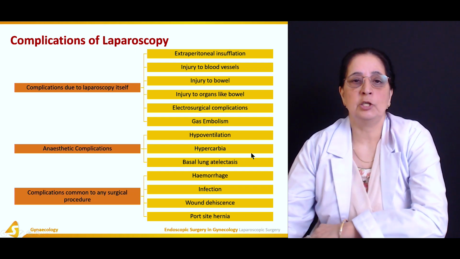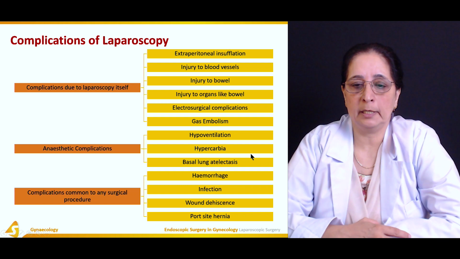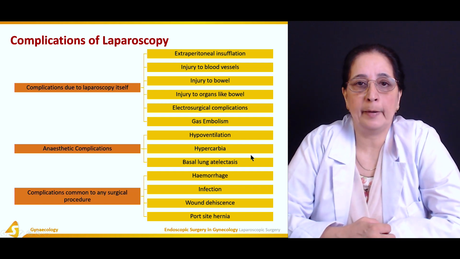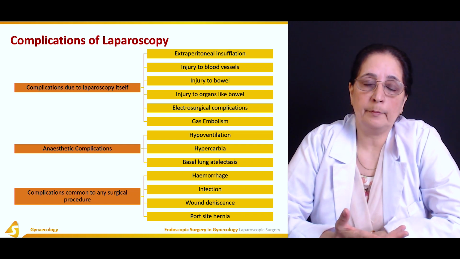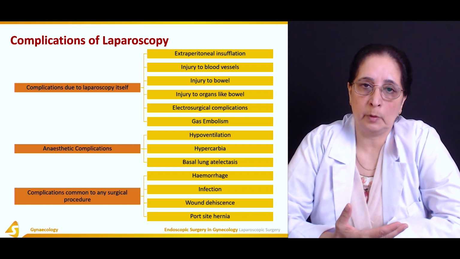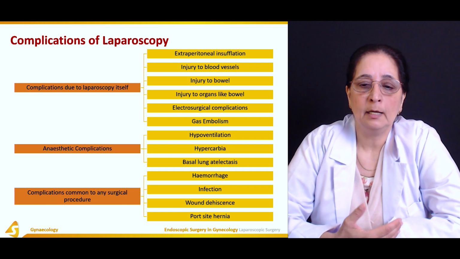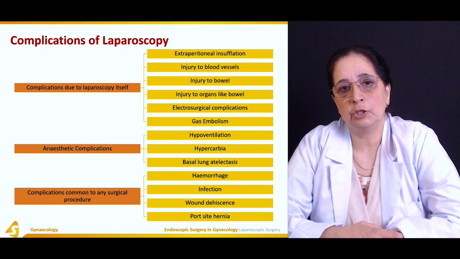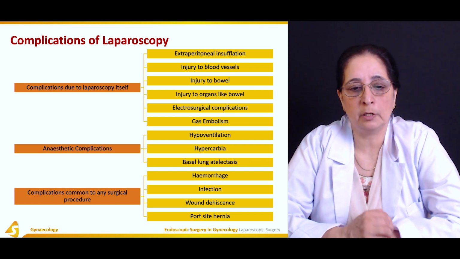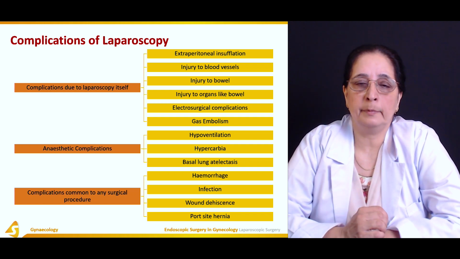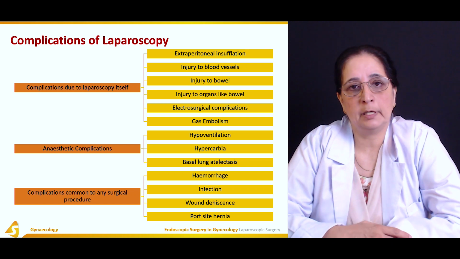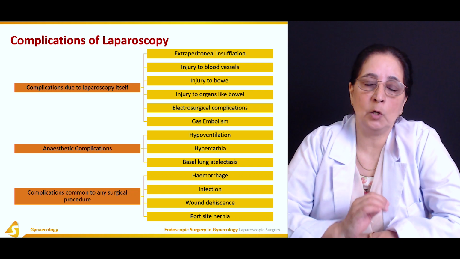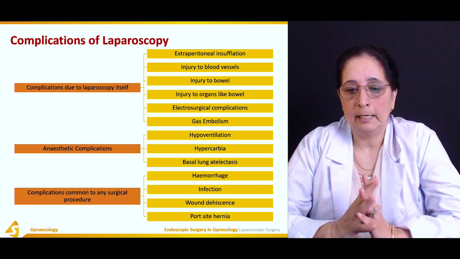Then complications due to the surgical procedure: it can be hemorrhage. Excessive blood loss can occur depending on the procedure. Some procedures can lead to more hemorrhage than others. Then infection can always be a complication of any surgical procedure. When we enter the body, infection can occur. Then wound dehiscence. Wound dehiscence is the opening of the wound later on.